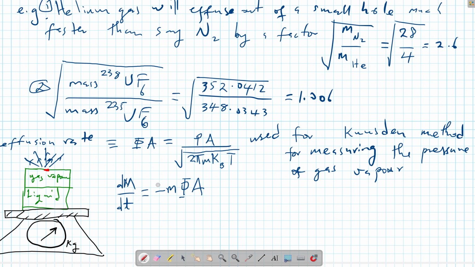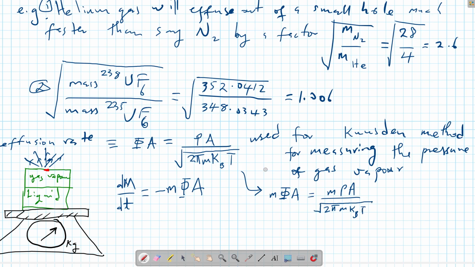Okay, but already we know what phi times A is, and from there we can see that m phi A is going to be equal to m P A divided by square root of 2 pi m kBT, right?